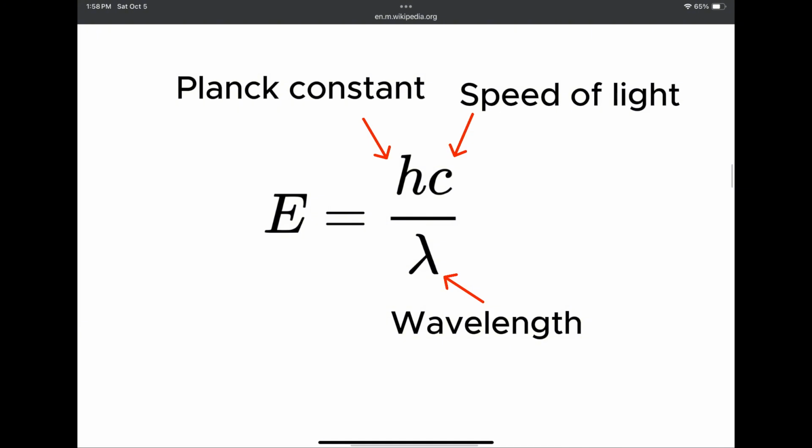And as you can see from this photo here, from this formula, the energy is equal to the Planck constant times the speed of light in a vacuum over its wavelength. The Planck constant is a constant that's not changing. The speed of light is also not changing. So that means we can directly relate the energy to the wavelength. And since we can control the amount of energy based on the size, then we can control the wavelength. And since that energy is unchanging, the wavelength is unchanging. So we get the same wavelength of light.